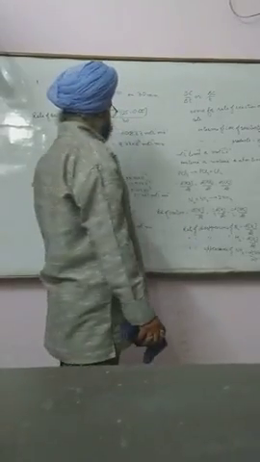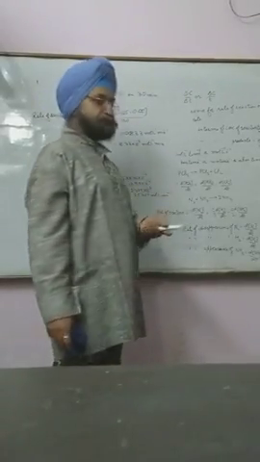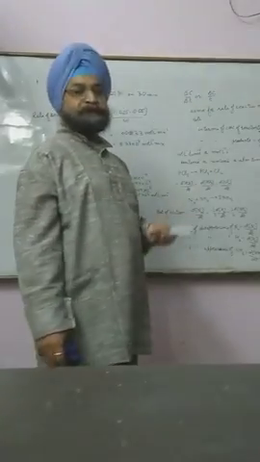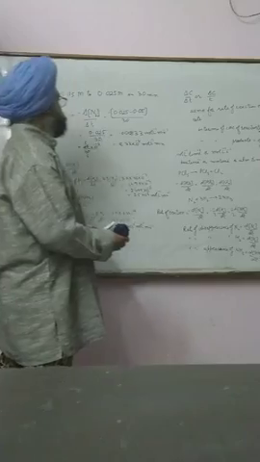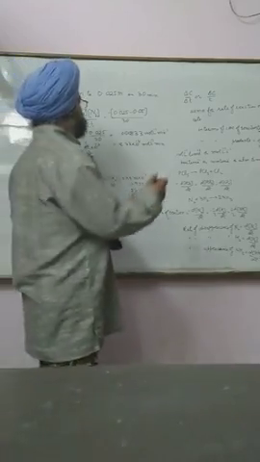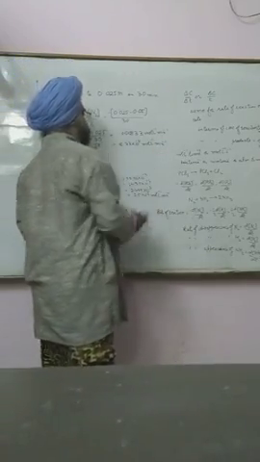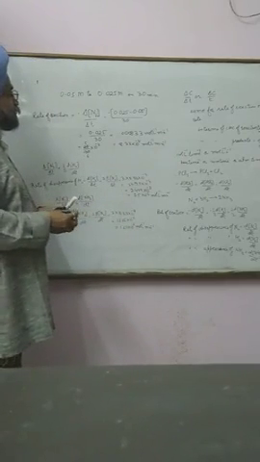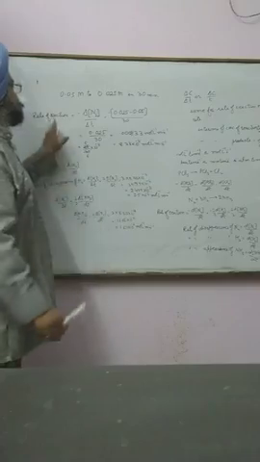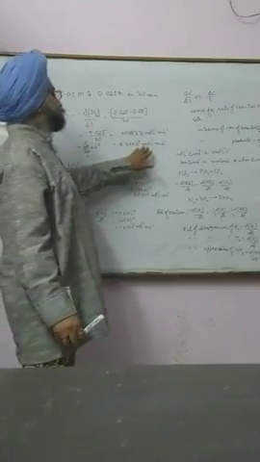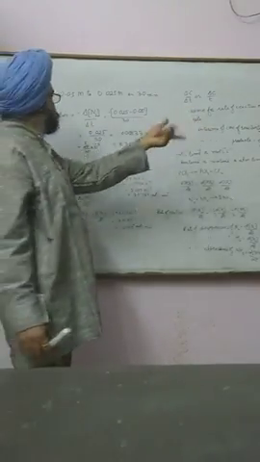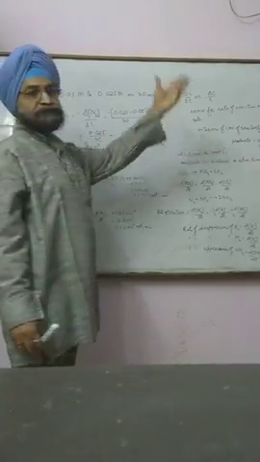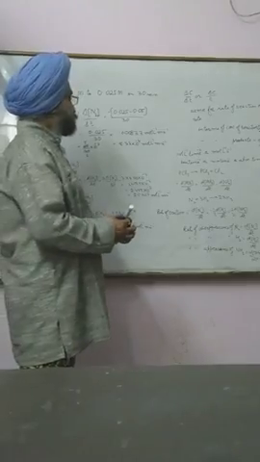Units are per second in this case, otherwise per minute, per year, per day. Sometimes we also ask the rate of reaction expressed in terms of per second. Then here 30 into 60, and you will get the answer in terms of per second.